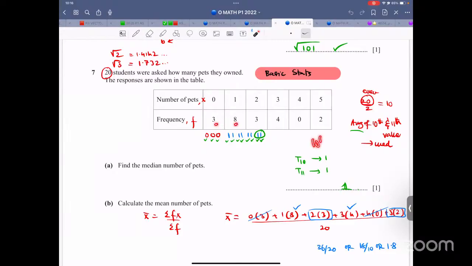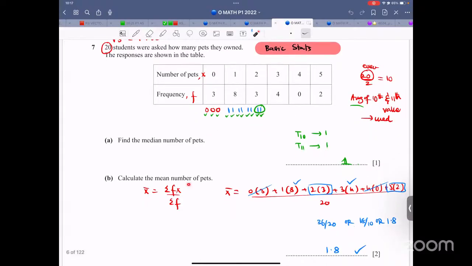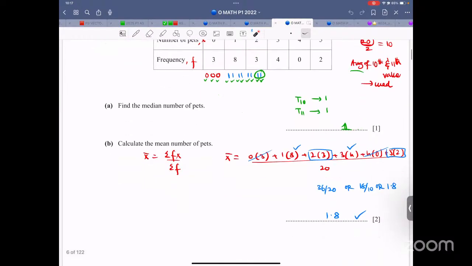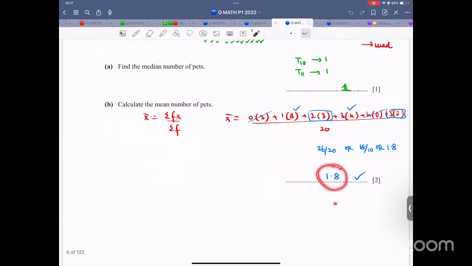That means the 10th value is also 1. The 11th value is also 1. I have expanded and described this thing. So the median is 1 because it's the average of 1 and 1, which is 1. Calculate the mean number of pets, that is sigma fx over sigma f: multiply, multiply, multiply, add it up, divide by the sum of frequencies. And of course, this is paper one, so it's easily done.